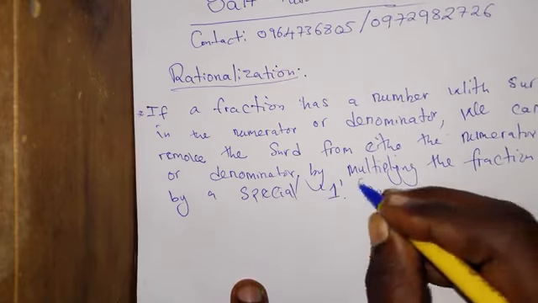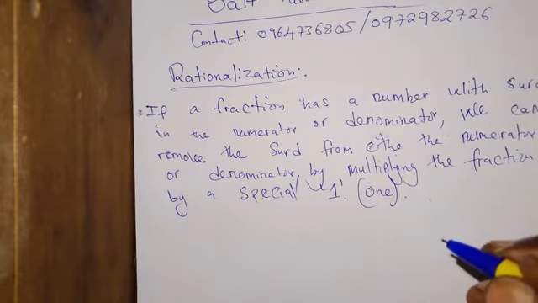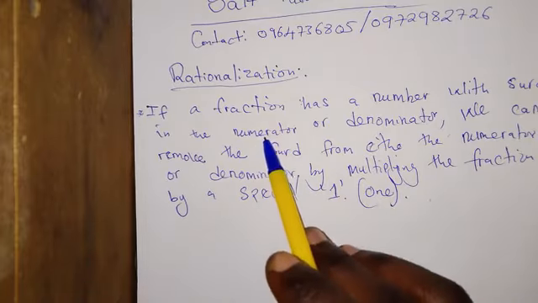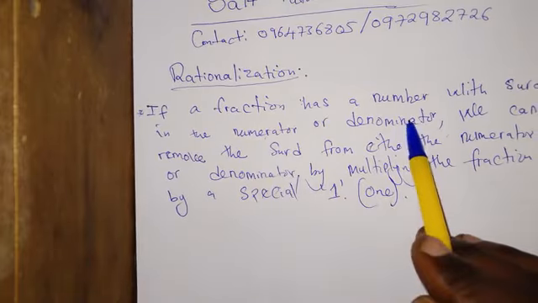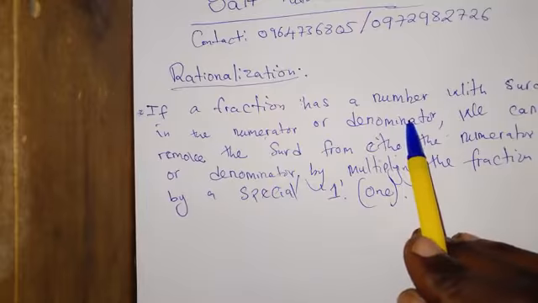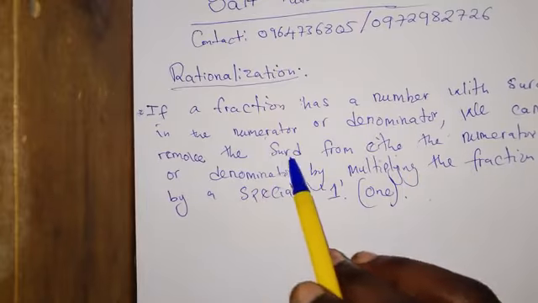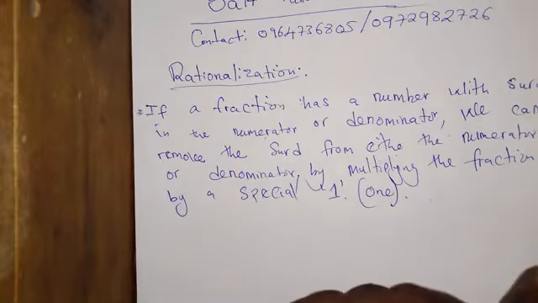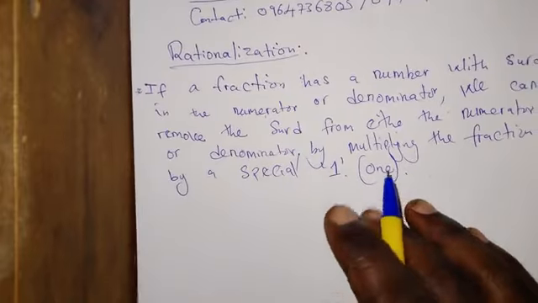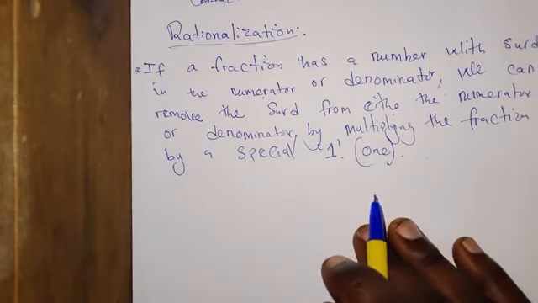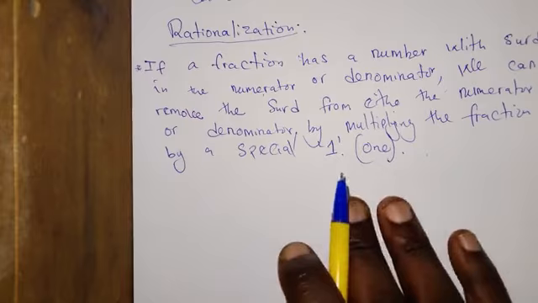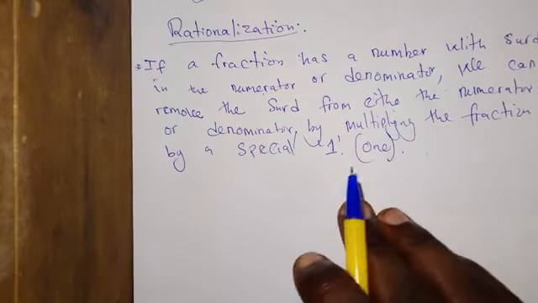So understand what this special one is, how this special one is made up. We want to make either the numerator or the denominator free from a surd, free from a radical.